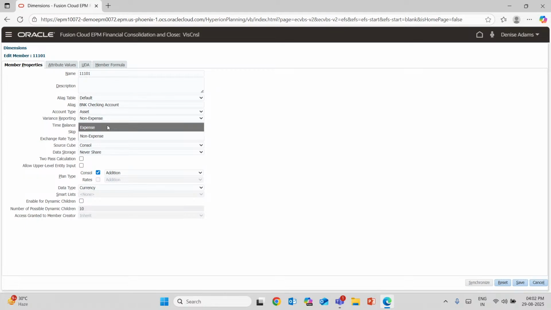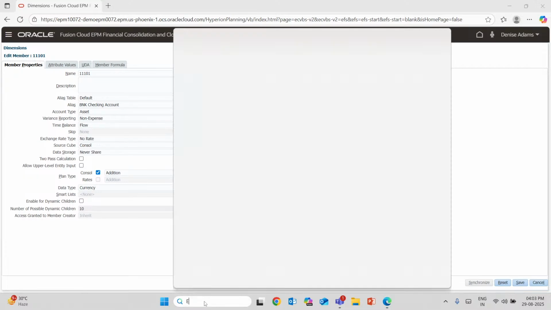The purpose is to check the behavior of the account, what is the character of the asset, liability, or revenue. Just to check these, we generally use variance reporting to categorize whether it is expense or non-expense. I will explain it with an Excel example.